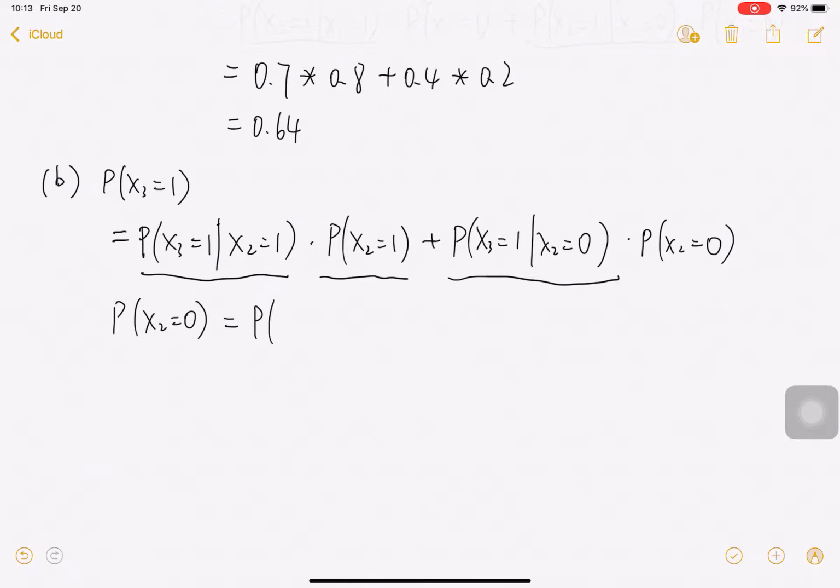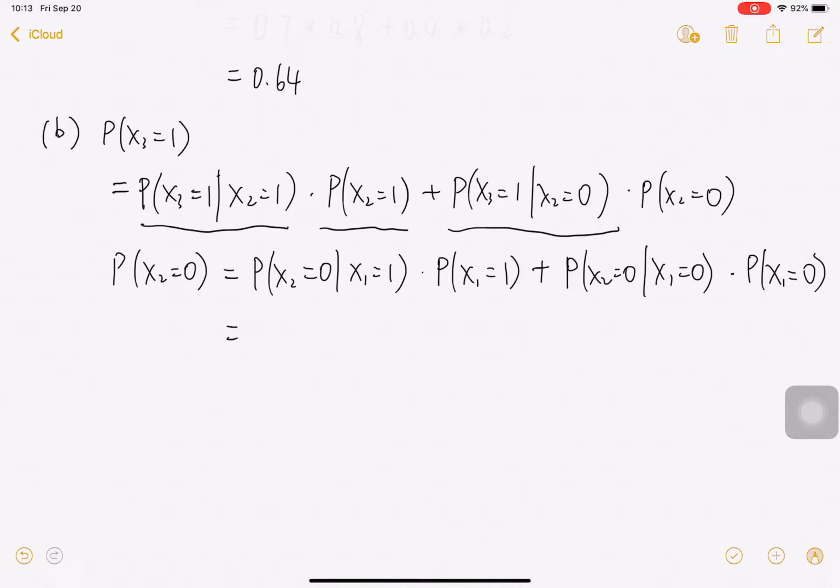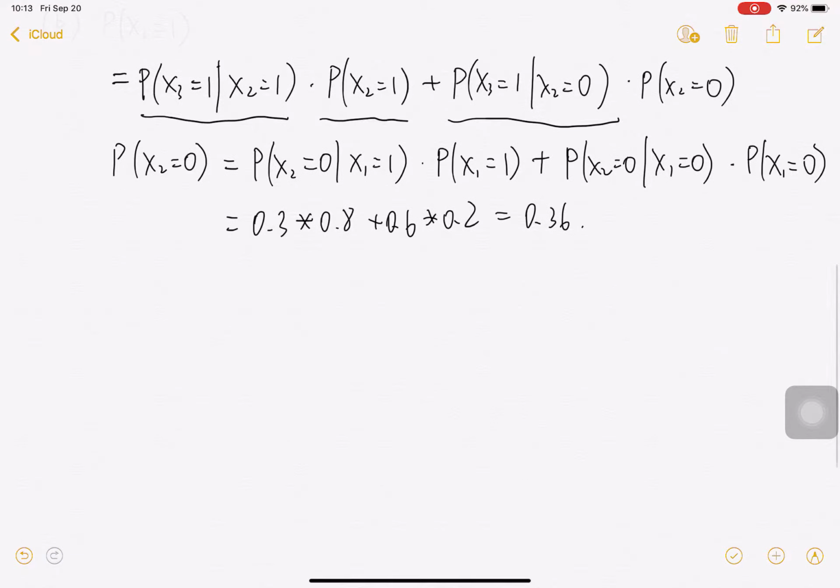We have the probability of x2 equals 0 given x1 equals 1 times p of x1 equals 1, plus the probability of x2 equals 0 given x1 equals 0 times the probability of x1 equals 0. It's 0.3 times 0.8 plus 0.6 times 0.2, and the answer is 0.36. So the probability of x2 equals 0 is 0.36.